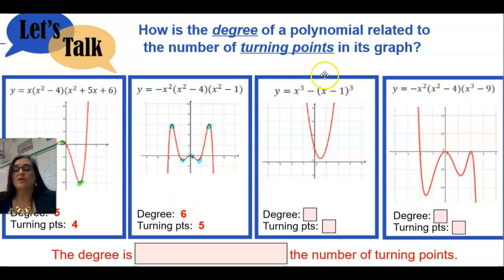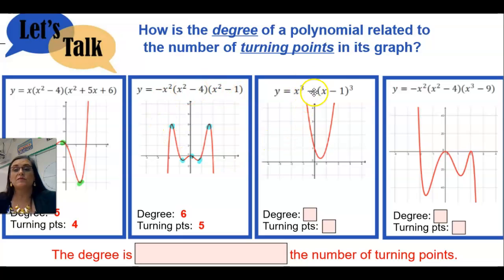Now our third polynomial, this is not factored form, so be careful. We don't want to mistake a polynomial that's not in standard form and just assume that it is in factored form. To be factored form, all of these factors have to be multiplied together to create our polynomial.